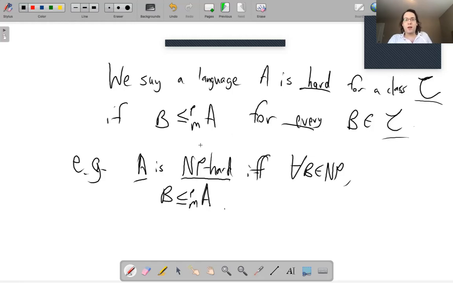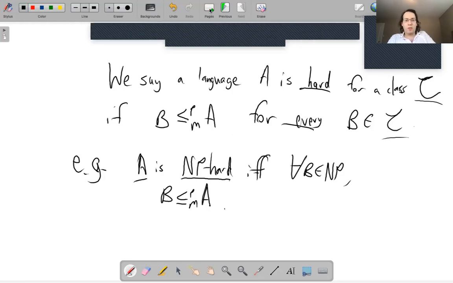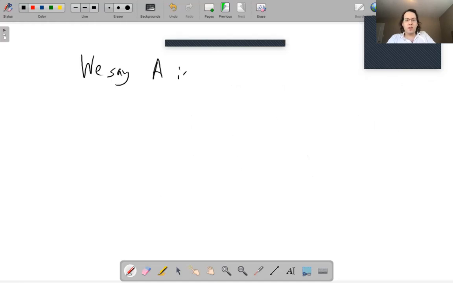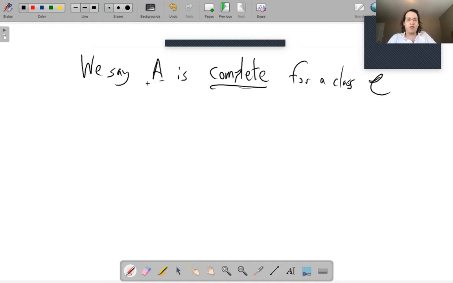Okay, and let's also define completeness. So we say that A is complete for a class C. Remember, the script C here is a set of languages, a class of languages, whereas A is just one language.